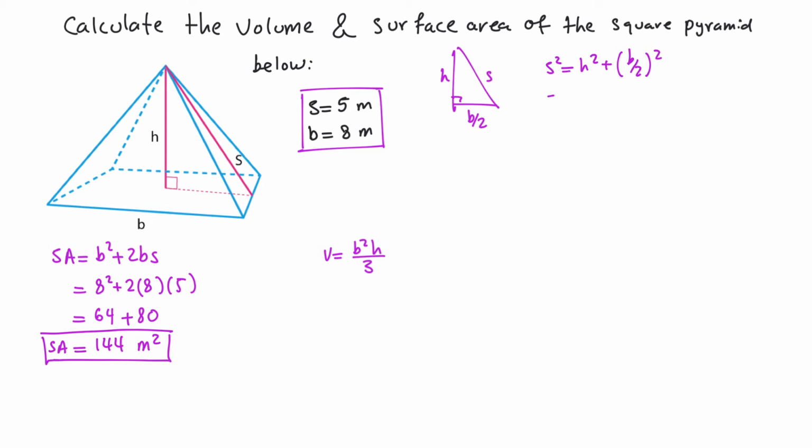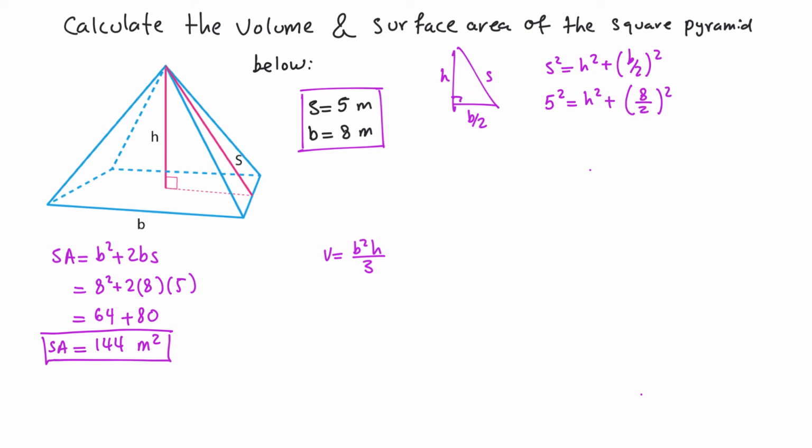So S value is 5. So 5 squared is equal to H, which I'm trying to find out, plus B value, which is 8 divided by 2 squared. I'm going to use BEDMAS. So first step in BEDMAS is brackets.